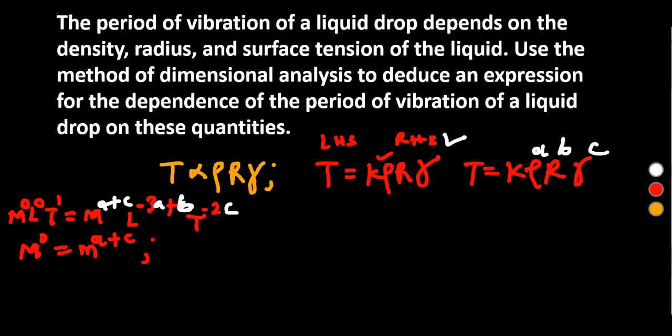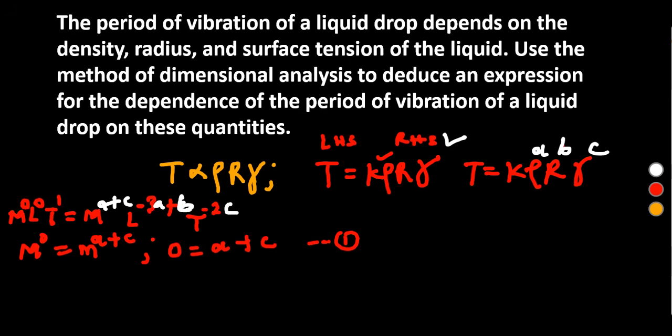So we see that the bases are the same. From the law of indices, we equate the powers or the indices. So this will be 0 equals A plus C, and we label this as equation 1.